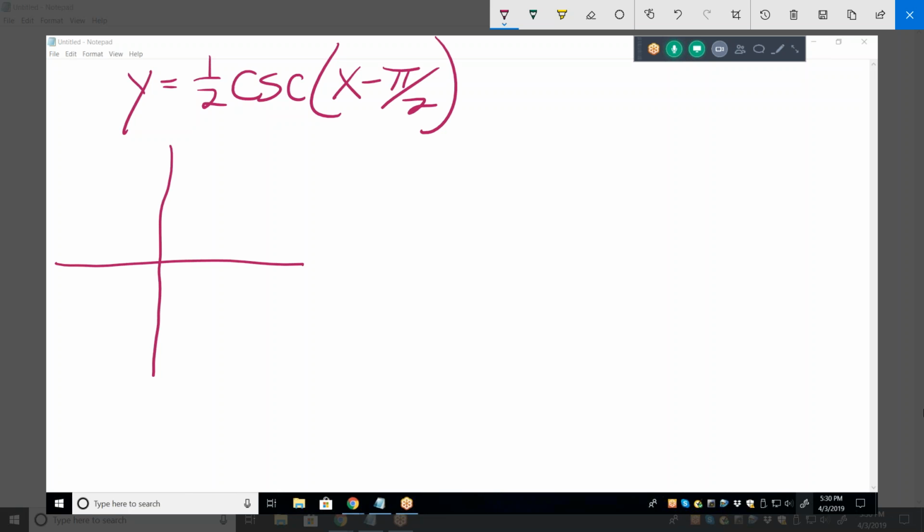Turns out that really the very first thing you should do when you're graphing it is this one right there. First of all, let's graph cosecant of x. It's to the right, pi over 2, but let's first graph it without the phase shift. So what's cosecant of x look like all by itself?